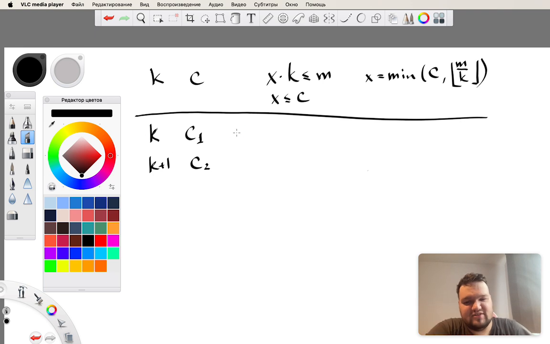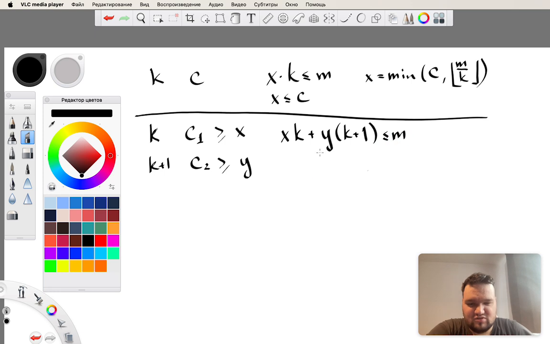So now if we take x of those and y of those, obviously x and y should be bounded by c1 and c2, and x times k plus y times k plus 1 should be bounded by m, and we also want to maximize it.